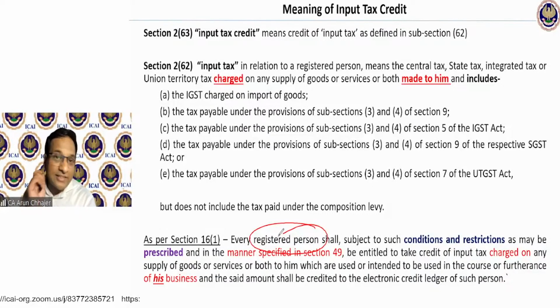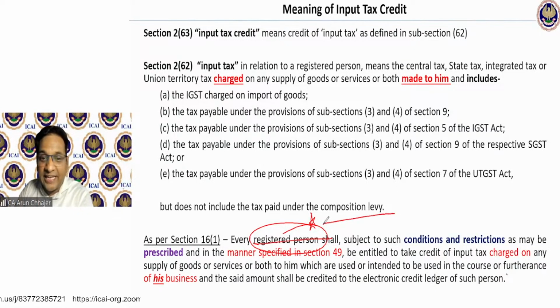I would like to ask the question to every participant. Assume that I am unregistered. Can I take the ITC? If the answer is yes, give me the situation when I can take the ITC. But let me continue, meanwhile you can answer. If I am a registered person, then only I can take the ITC.